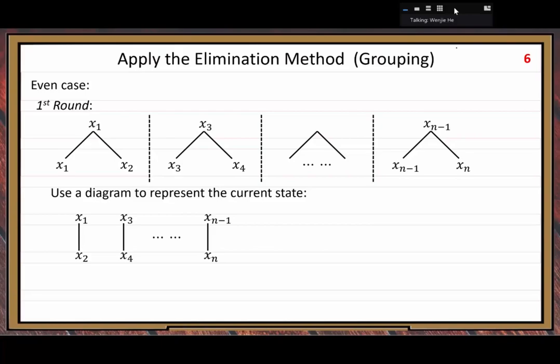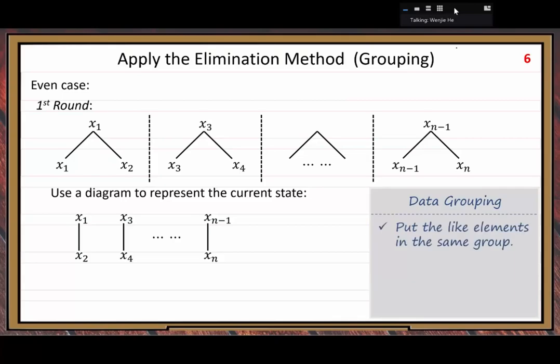The elements in the same category share some common property. Here, we want to use data grouping, the same thing: put the like elements in the same group, because they share some common property.